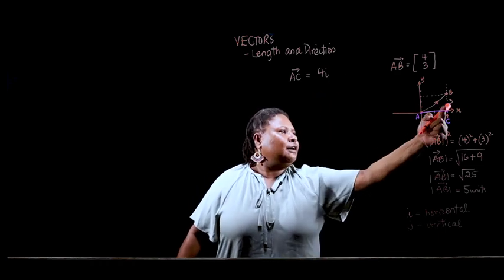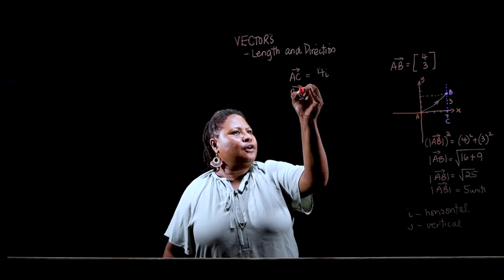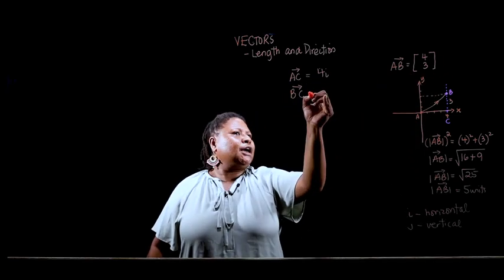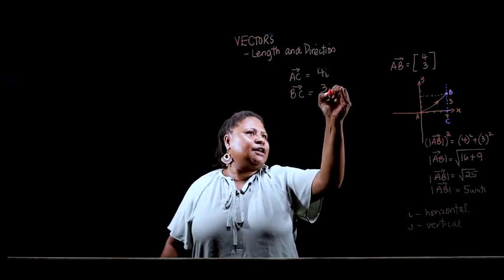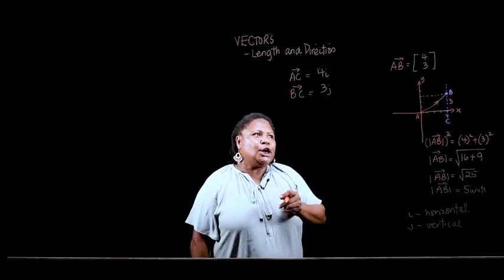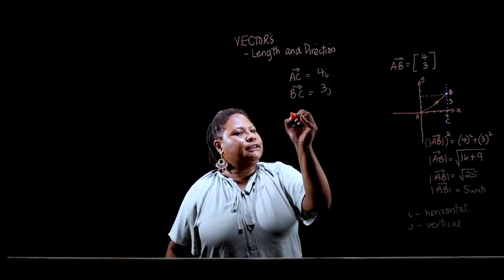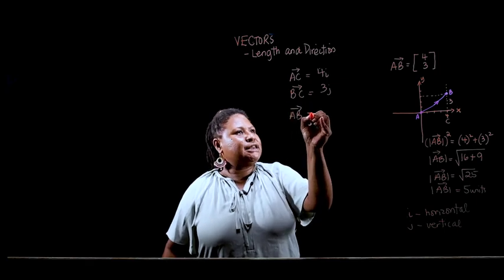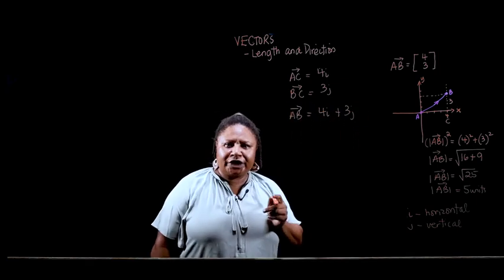And BC, which is the other short side of the triangle, also a vector because it is going up in that direction, would be written as 3j. So vector AB is a result of 4i plus 3j.